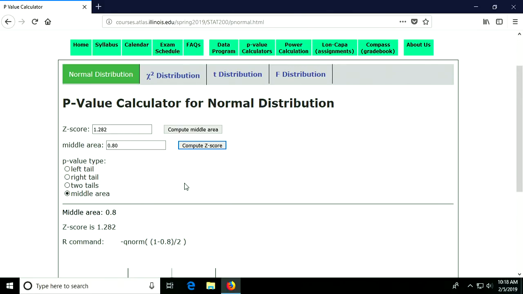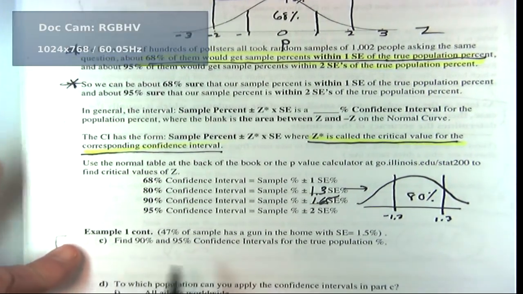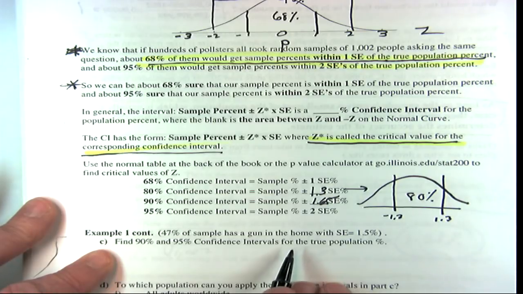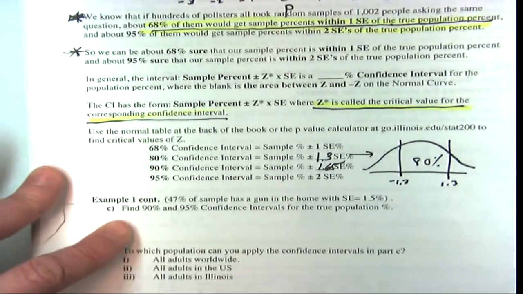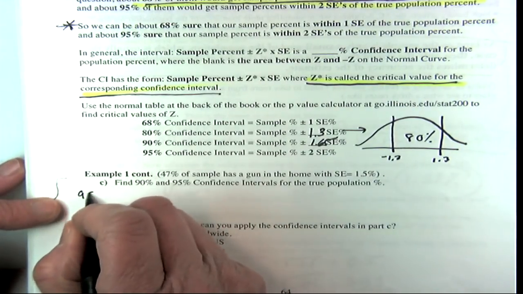Okay, so now let's go back to the document camera here. And so 47, find 90 and 95% for the true population. So let's do a 95% confidence interval.